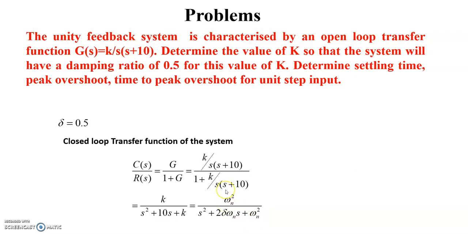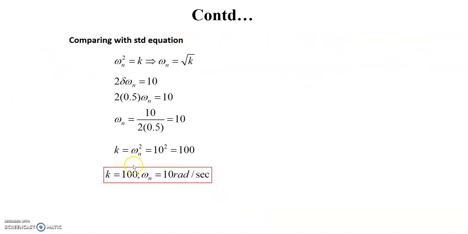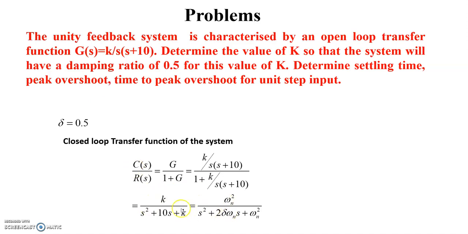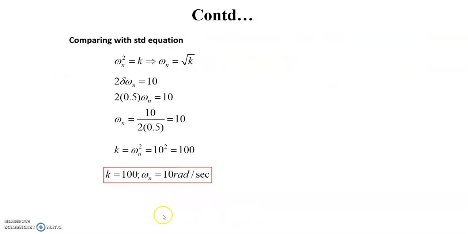Comparing with the standard equation, omega n square is equal to K, and 2 zeta omega n is equal to 10. So omega n is equal to root of K. The given zeta value is 0.5.